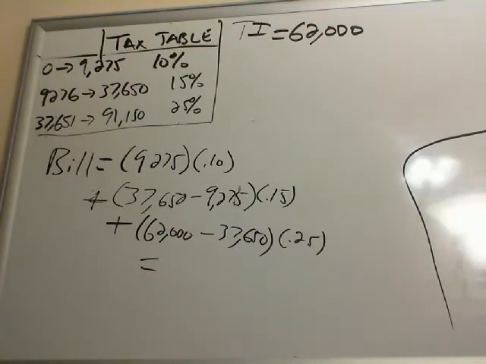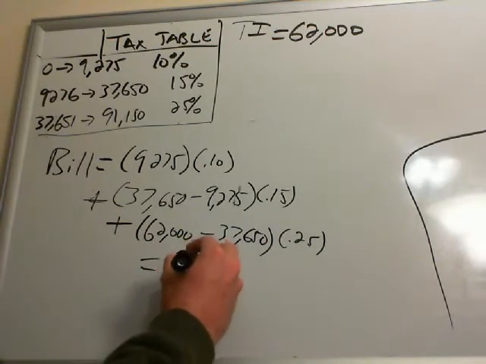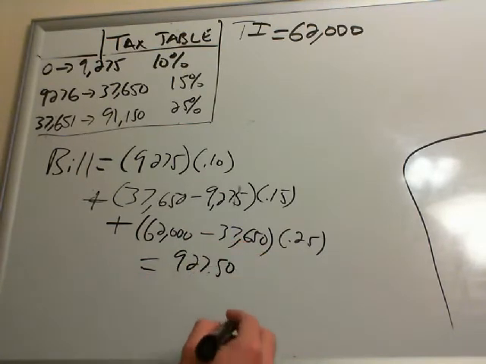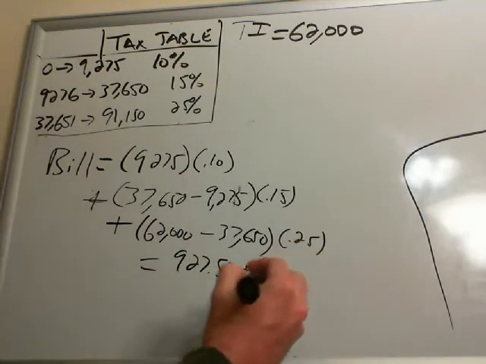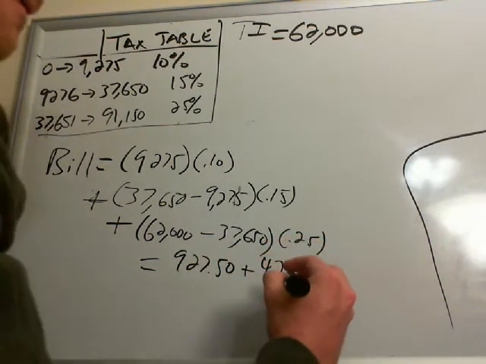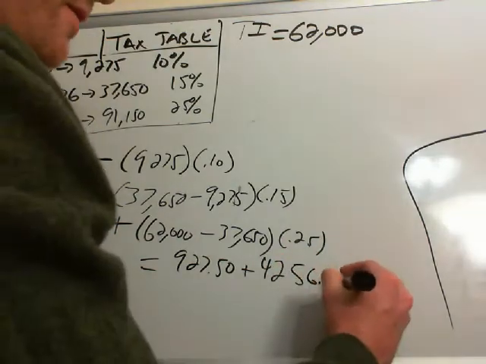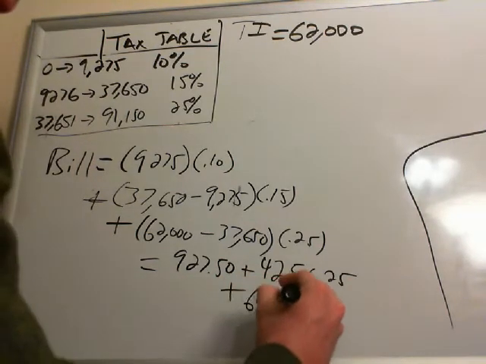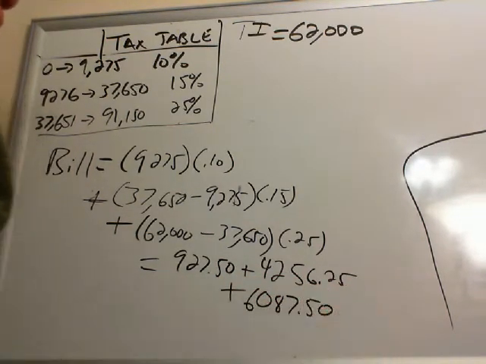So if you solve this out completely, you would see this is $927.50 plus $4,256.25 plus $6,087.50.